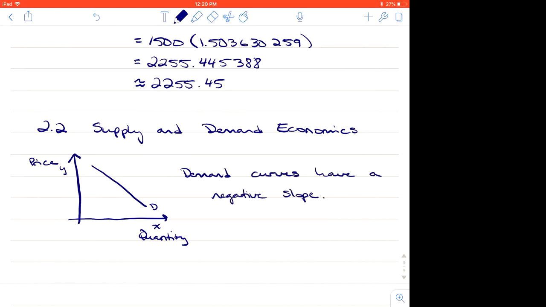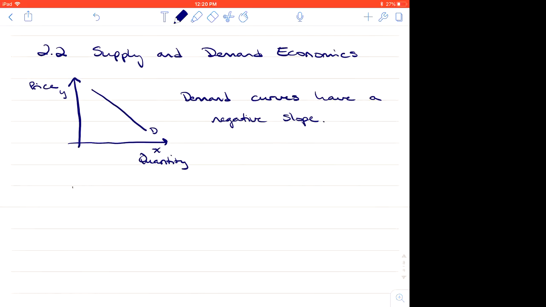Okay. If the price is high, we demand less quantity. If the price is low, we want lots of it, high quantity. Okay. So one thing to remember, our x-axis is going to be our quantity, and our y-axis is going to be the price. And so for our supply curve, now we've got price and quantity here.